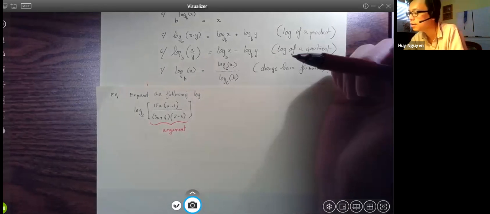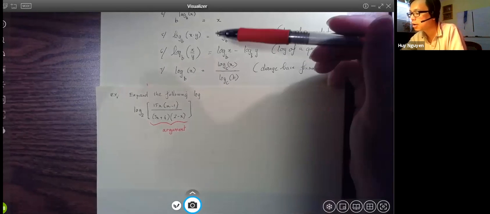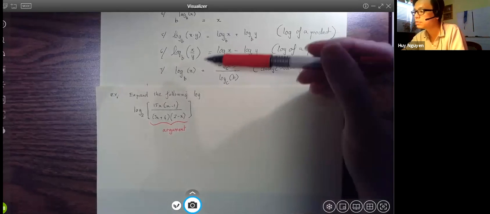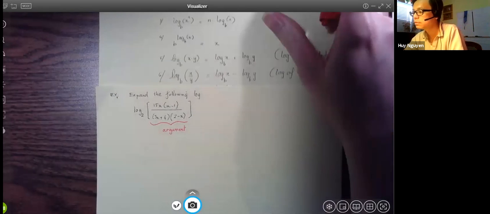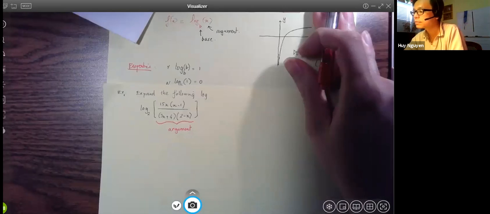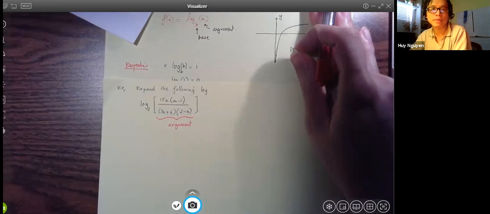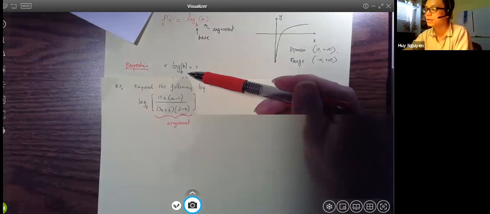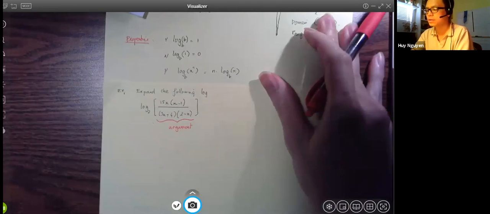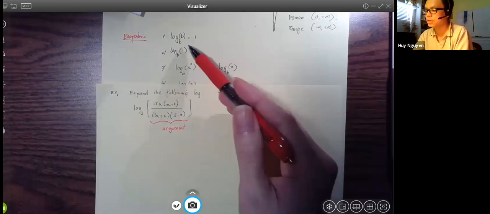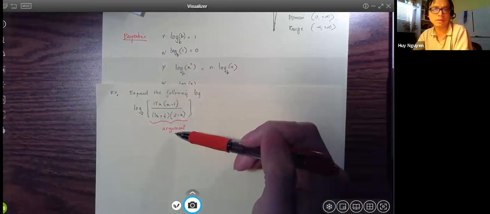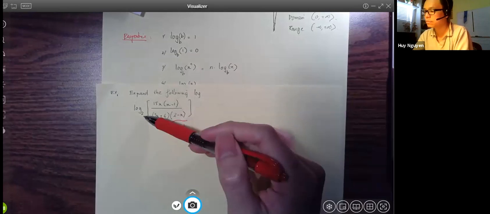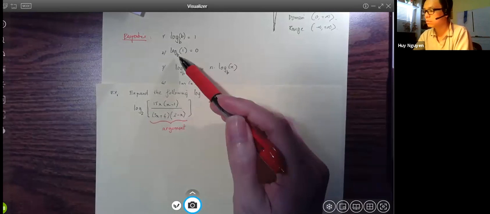Let's scan from the top. Our first property says that the base and the argument are the same. It's not, right? Because over here the argument is this and the base is 2. Property 2? No.